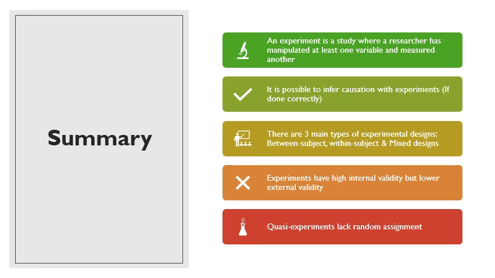Additionally, experiments have high internal validity but often have lower external validity, and that's oftentimes because there are lower sample sizes associated with experiments, and additionally those lab settings. It is very possible for experiments to be run out in the real world, but they're very unlikely and don't happen very often.